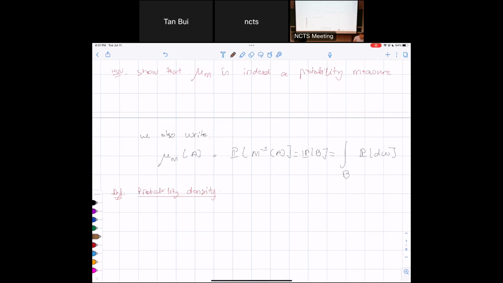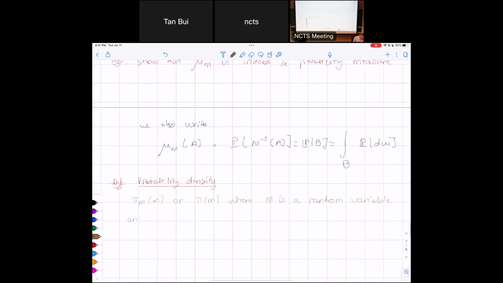We're going to define pi of m, a little m, or for simplicity pi m, where capital M is a random variable and little m is a particular value or outcome of M. This is quite conventionally used in probability theory: you use capital for the random variables, but when you're talking about a particular value or its outcome, you use lowercase.